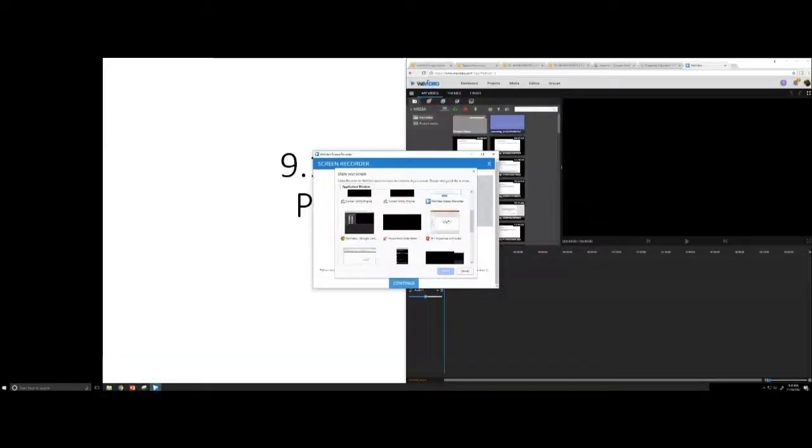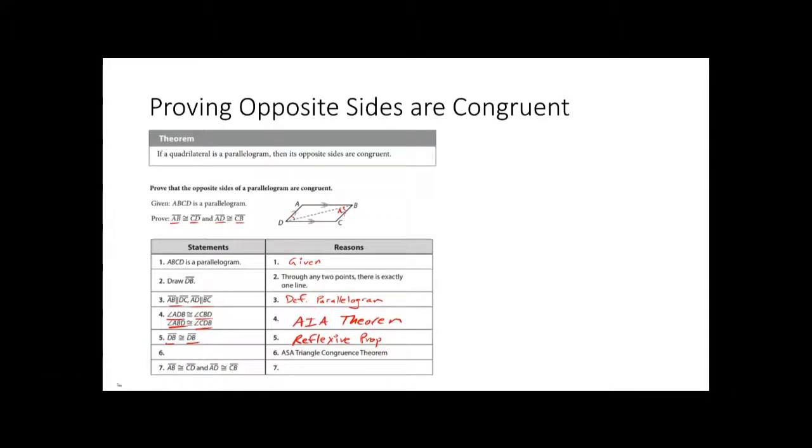So we have an angle that's congruent to this angle. We have a side that's congruent to itself. And then we have this angle, which is congruent to this angle because of, again, alternate interior angles.